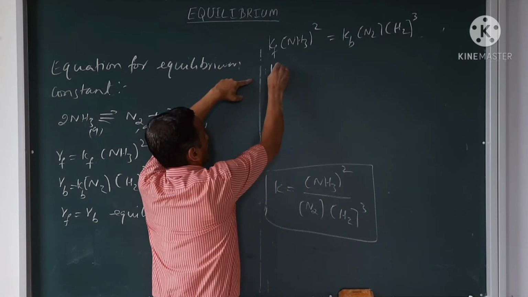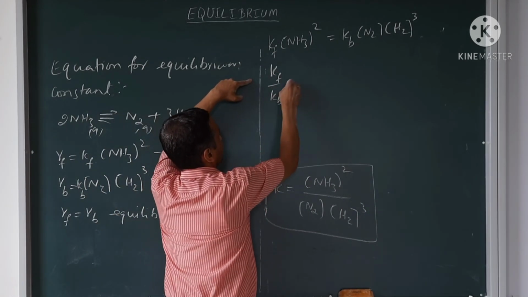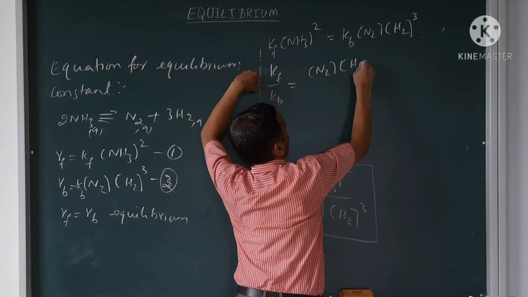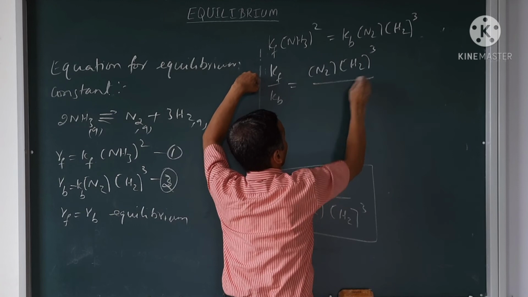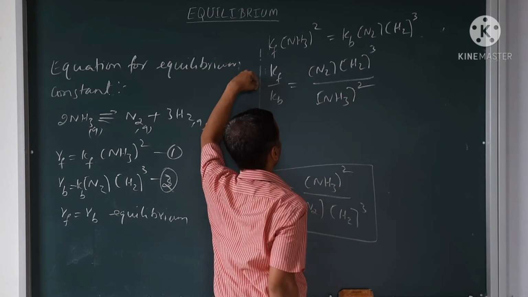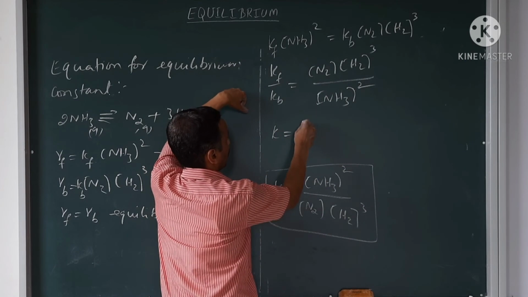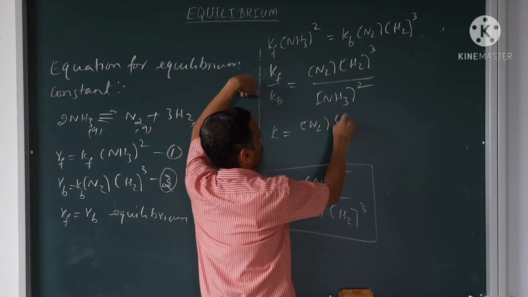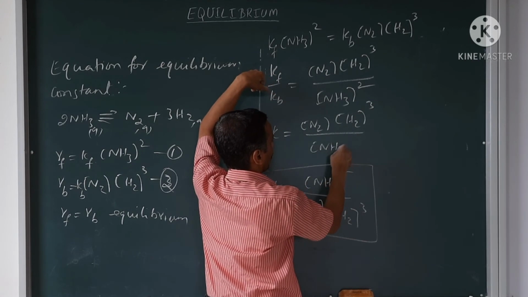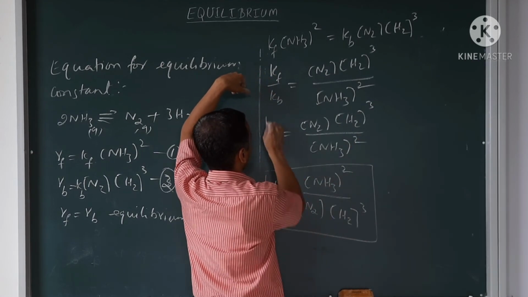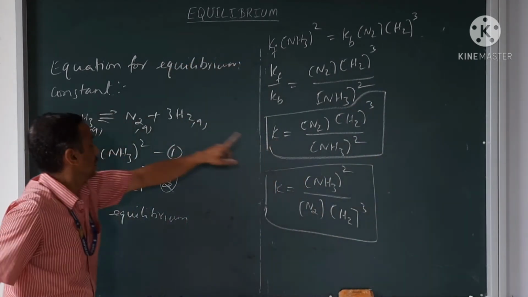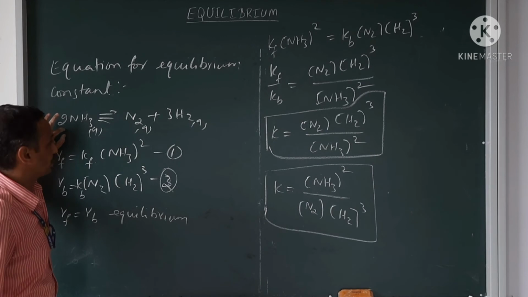Now Kf by Kb is equal to N2 into H2 to the power 3 divided by NH3 to the power 2, or K is equal to N2 into H2 to the power 3 divided by NH3 to the power 2. See, this is the equation for equilibrium constant for this reaction.